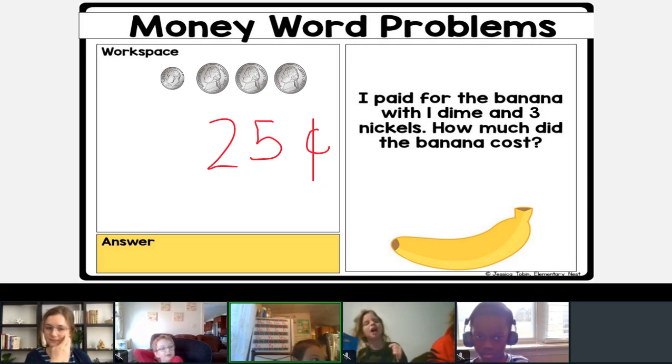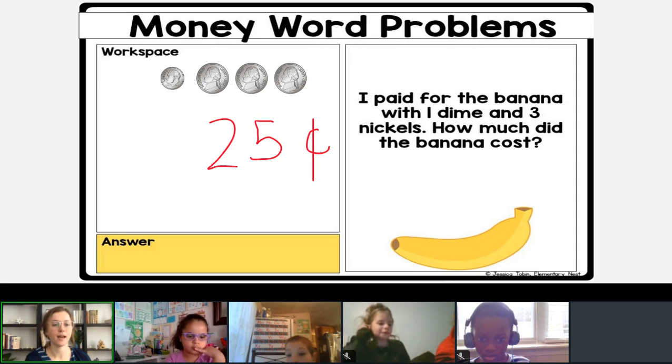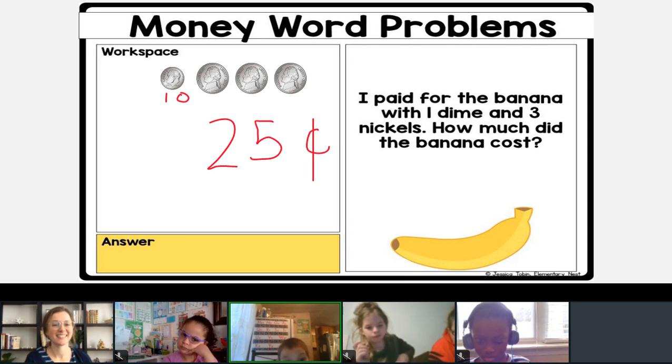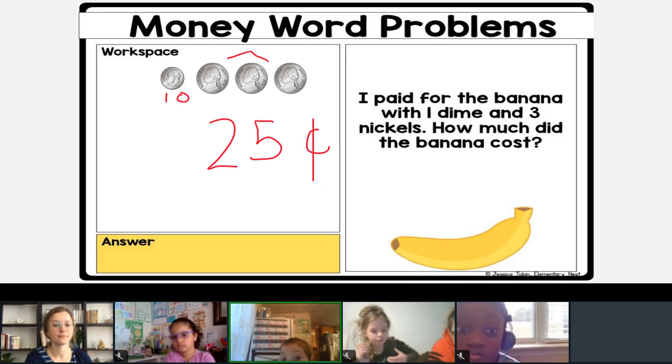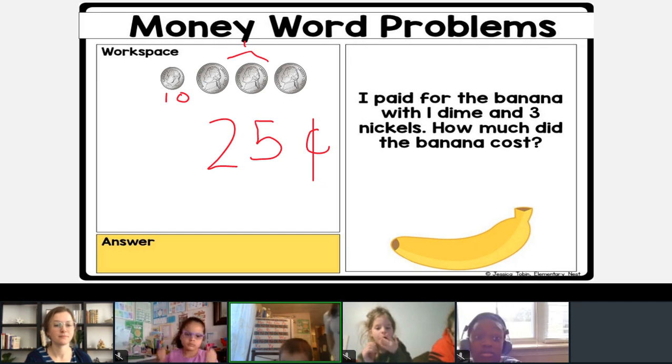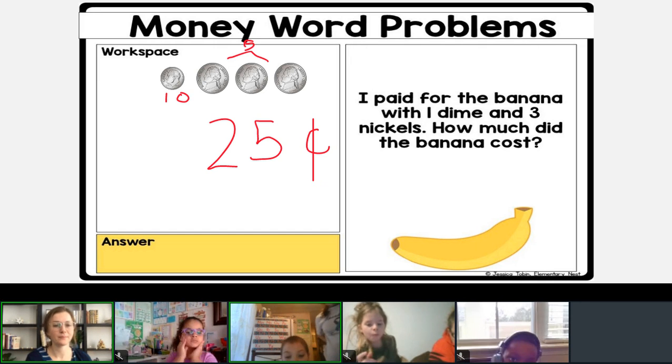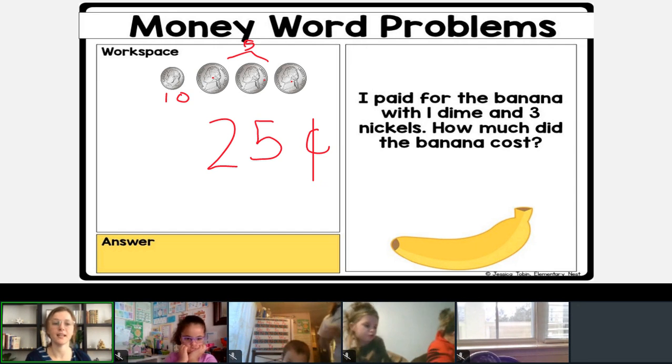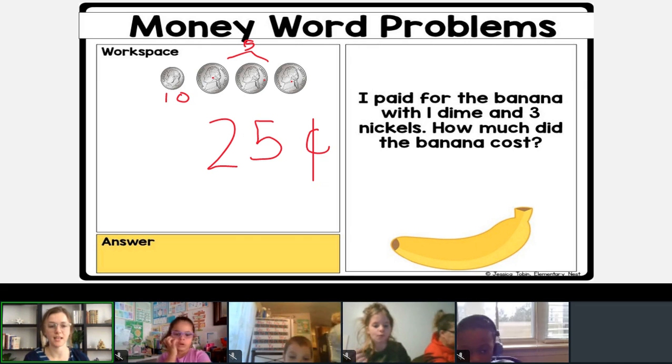I just counted the 10 from the dime and then the nickels, which was 5, 10, 15, and then 10 more is 25 cents. Good job.